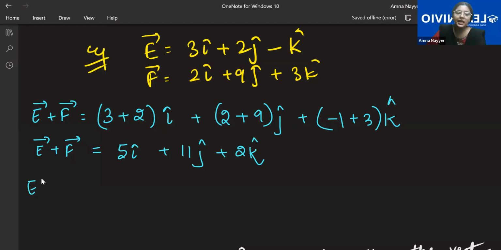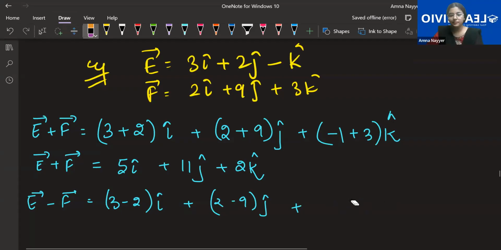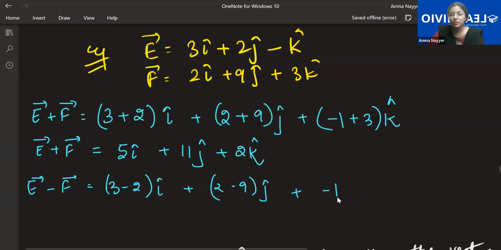If I have the same thing and I want to write E vector minus F vector, it means I'm going to subtract both of these. I can write 3 minus 2 I cap plus 2 minus 9 J cap plus minus 1, no, subtracting, minus 1 minus 3 K cap.